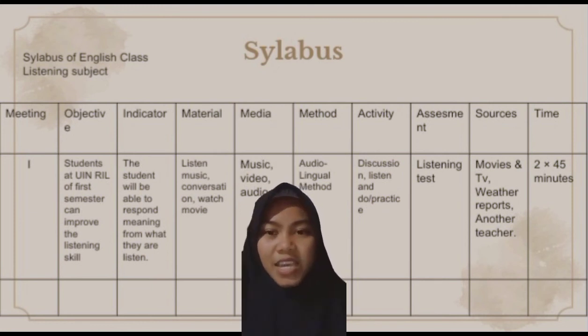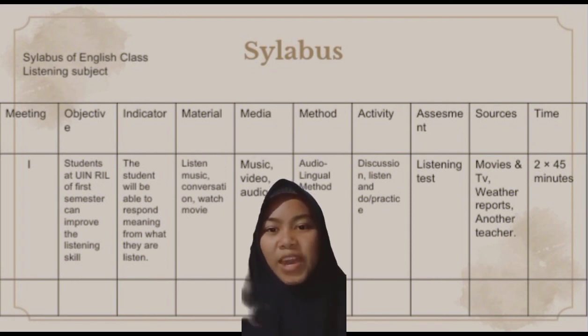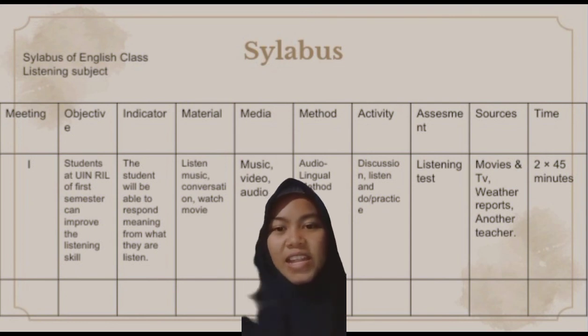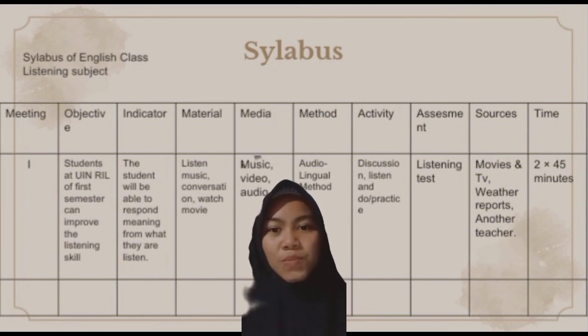And the indicator: the students will be able to respond to meaning from what they listen to. And then the materials are music, conversation, and watching movies. And then the media I use are music, audio, and video.